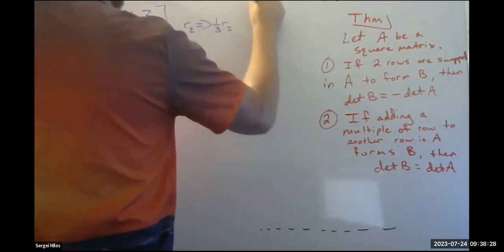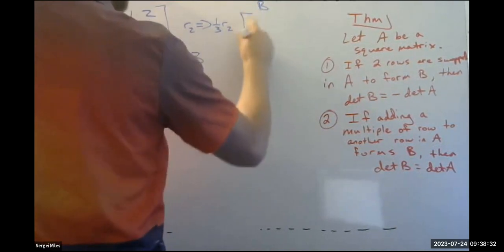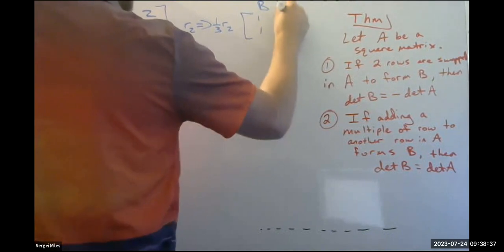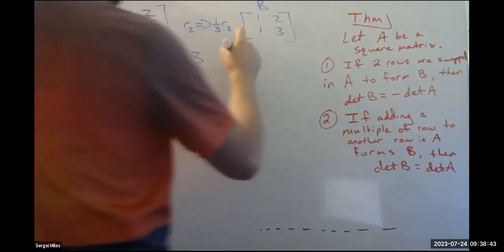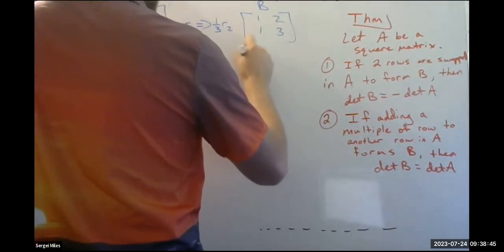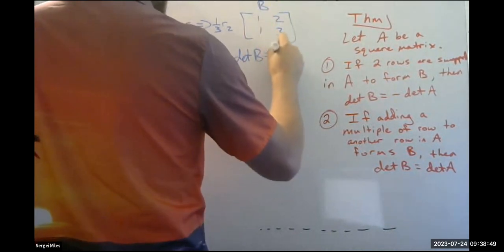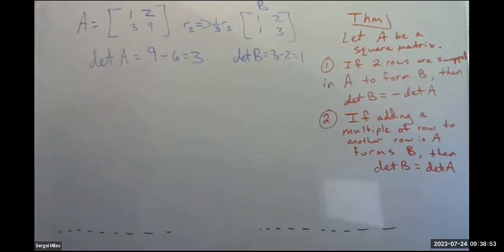This is my new matrix B. We have 1, 2, 1, 3, because 3 divided by 3 is 1, 9 divided by 3 is 3. But now what happened to our determinant? Here, the determinant of B is going to be 3 minus 2. It's now 1.